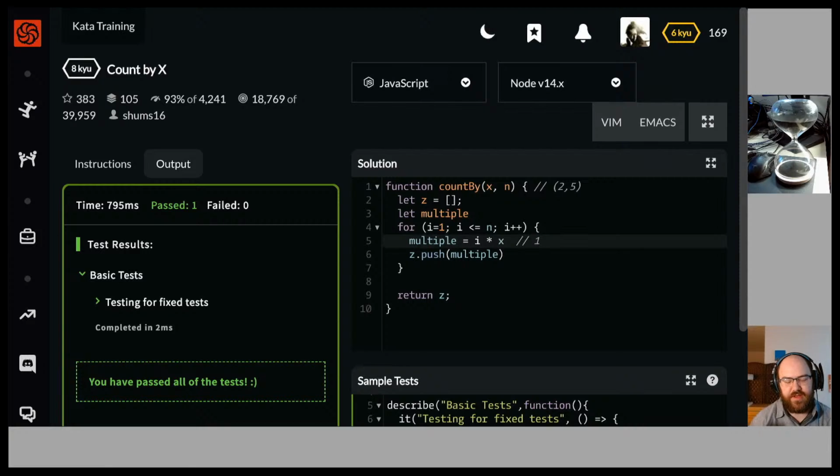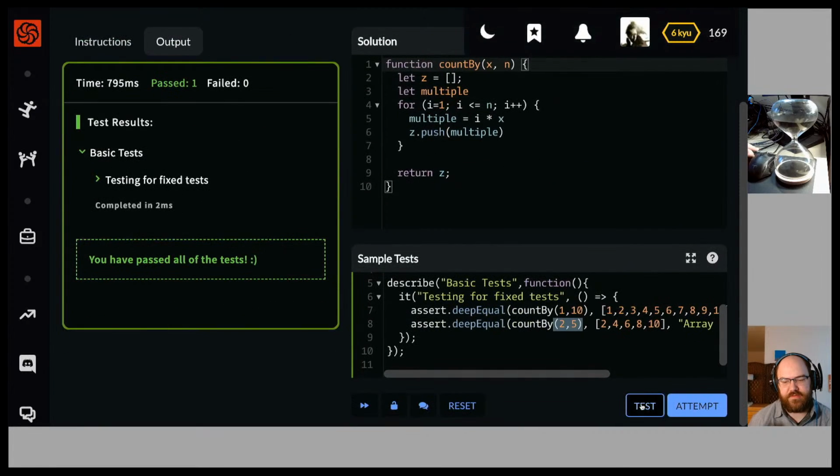So on the first one, we have 1 times 2 equals 2. The next time we have 2 times 2 equals 4, and so on. I'm not sure which of these two solutions I like better, but I'm going to go with the one that I have on the text editor right now.